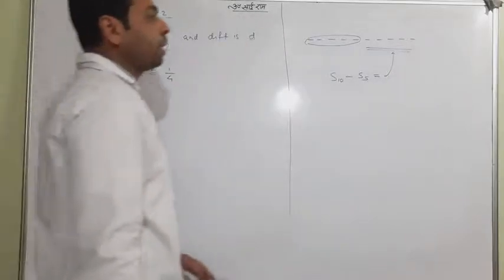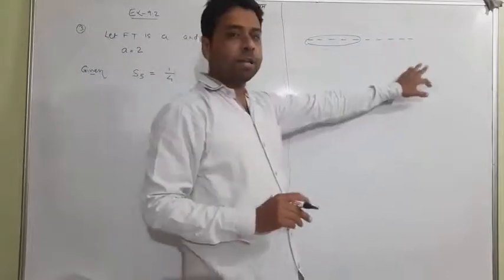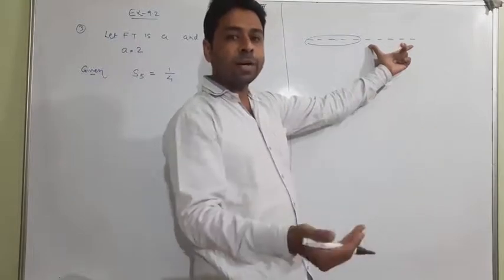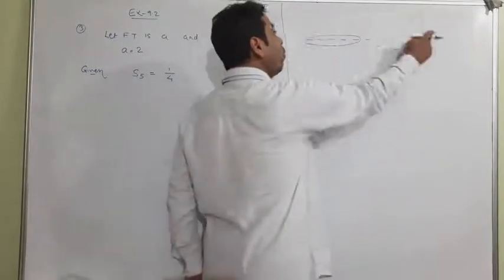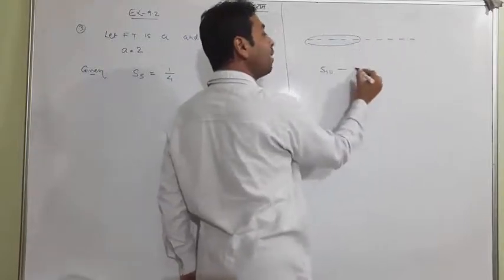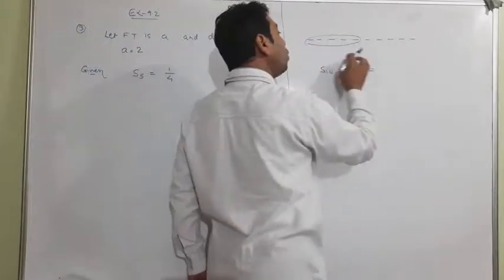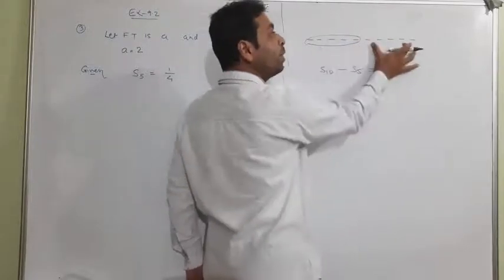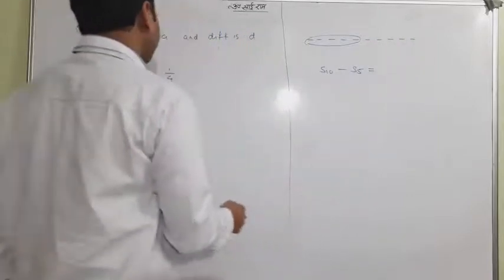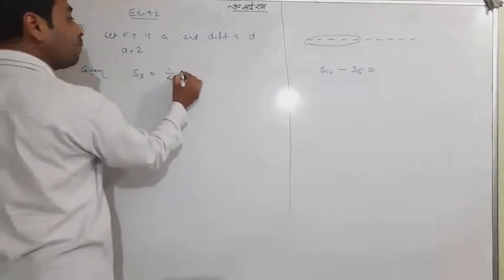One can simply think. Look, I tell you once again, these are all 10 terms. If you want to find the sum of the next 5 terms, what is the idea? The sum of all 10 terms minus the sum of the first 5 terms will be the sum of the next 5 terms. So according to the question, the sum of the first 5 terms is 1/4 of the sum of the next 5 terms.